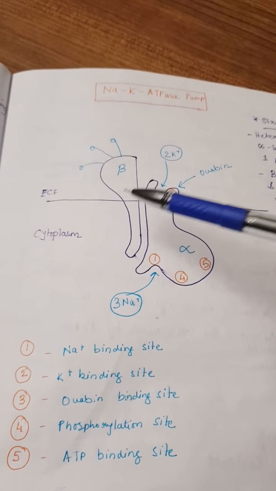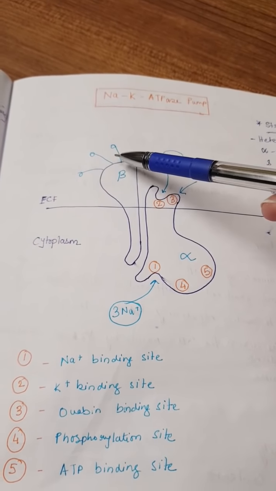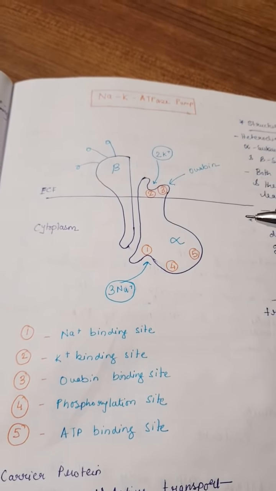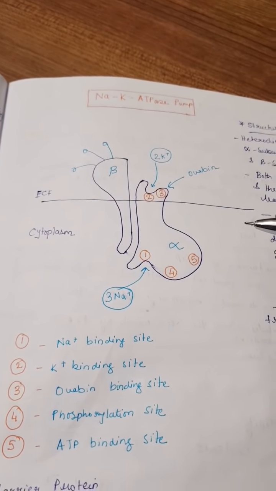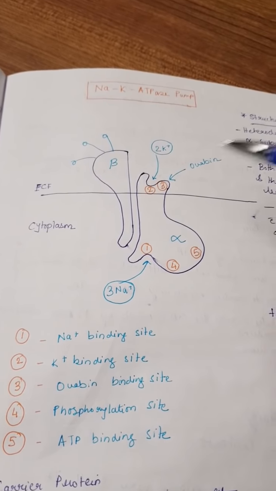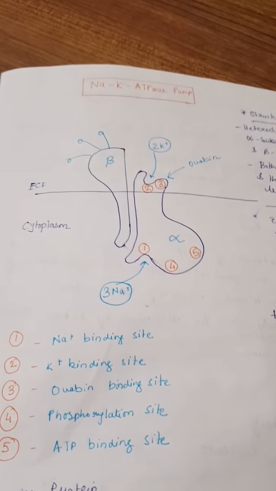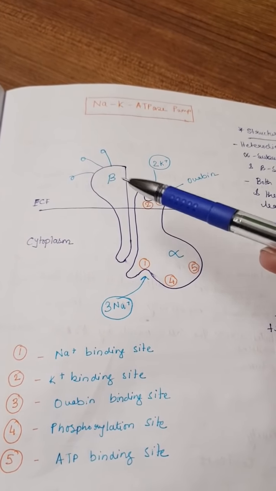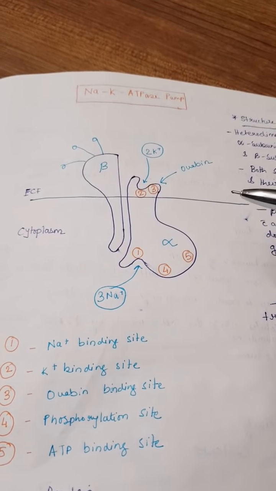Okay, and the beta subunit is basically a glycoprotein and it has 3 glycosylation sites which may already be bound to glycoproteins. If there is separation of these 2 subunits, the function will be lost. So the beta subunit is important for the function of the alpha subunit.